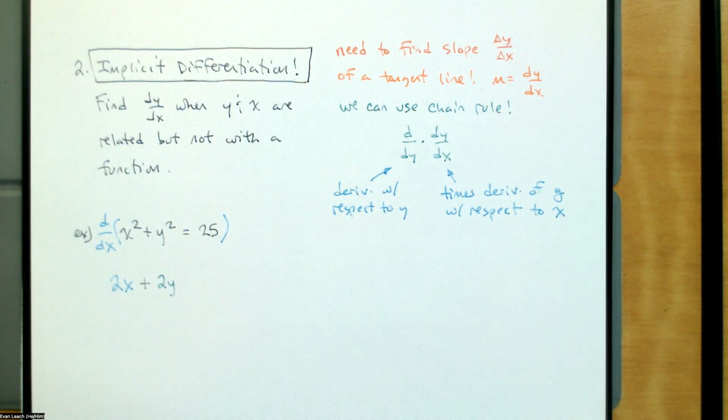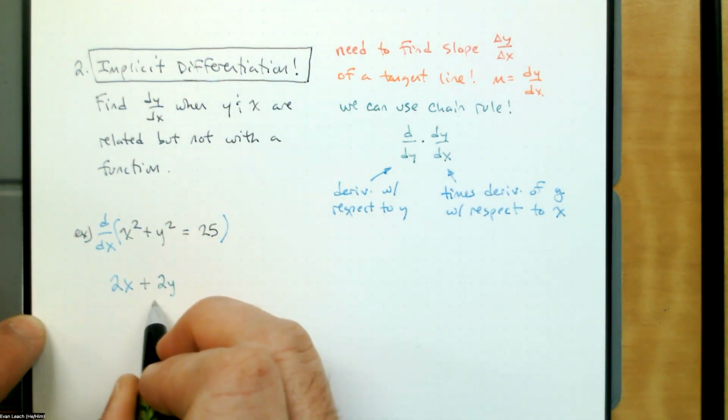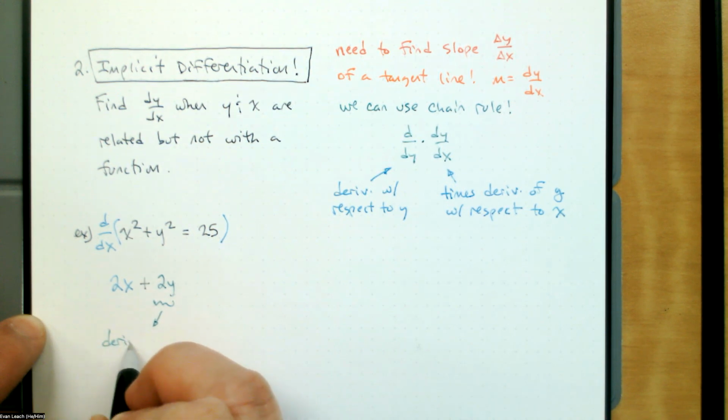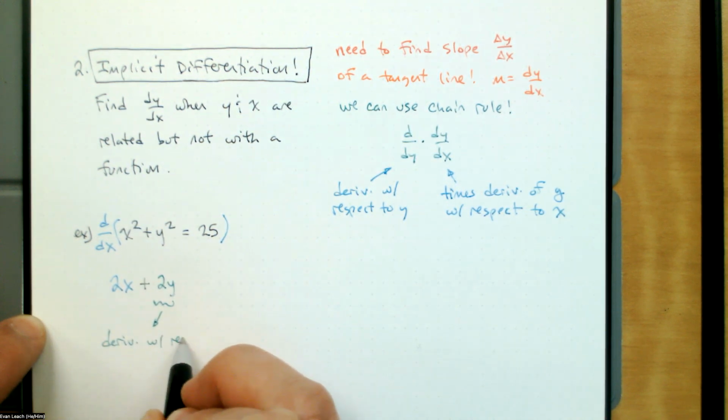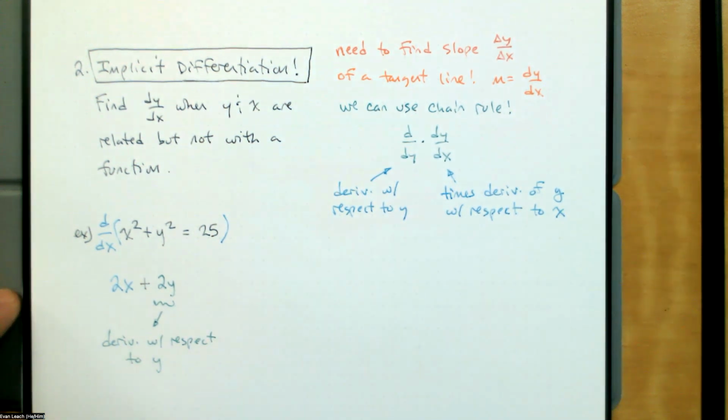I said y squared, the derivative is 2y. That's a derivative with respect to y. When I say with respect to y, that means I was treating y as the variable.